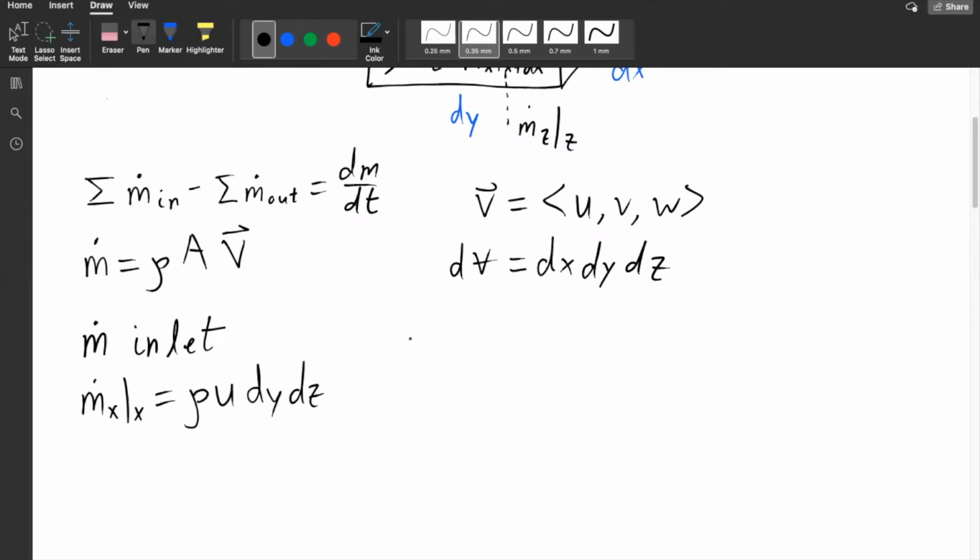And our mass flow rate going out is a little bit different.